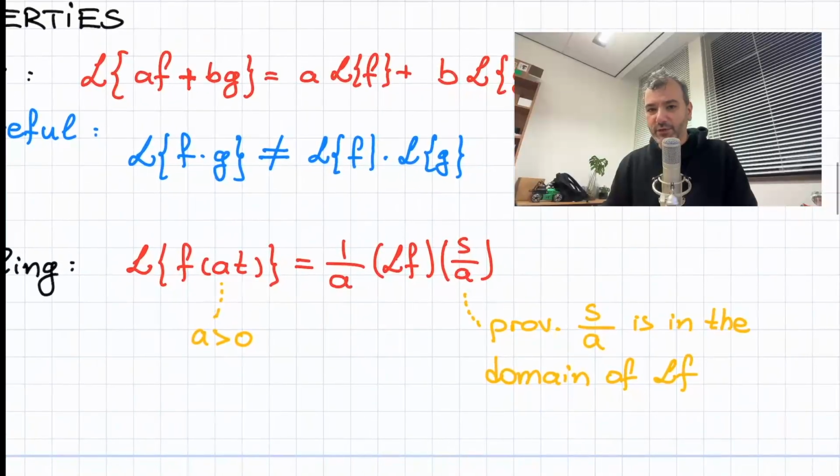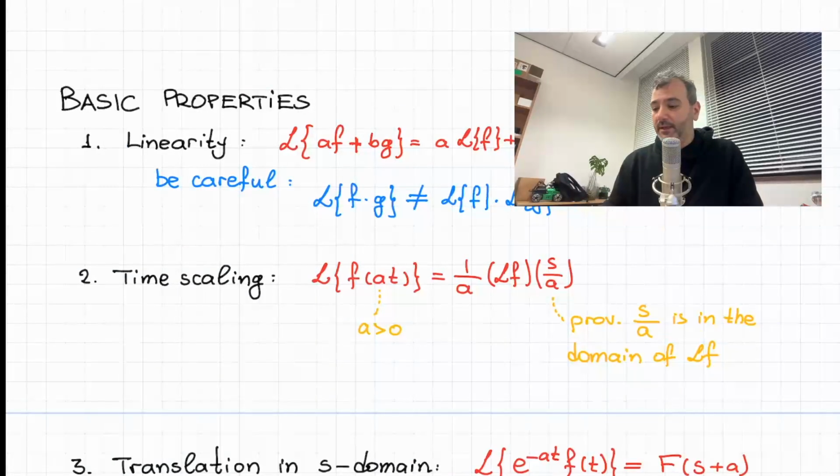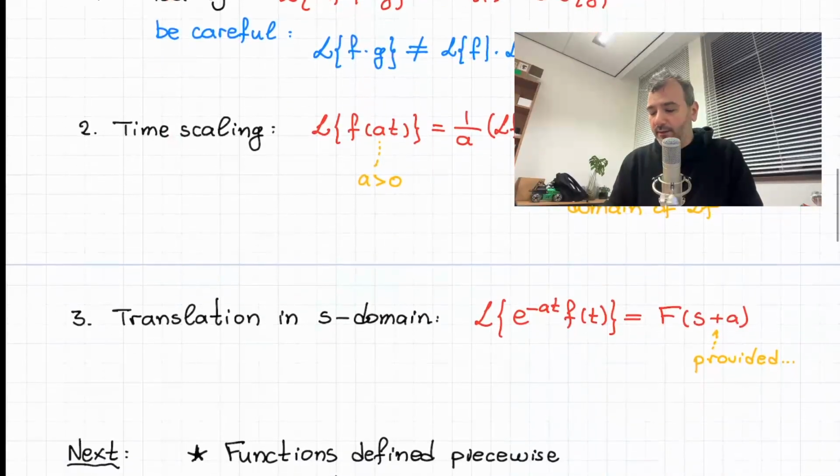There is a little footnote here, provided s over a can be put inside the Laplace of f, because the Laplace of f has a domain. Maybe we're not allowed to divide by a, I don't know. So the Laplace of f evaluated at s over a, right? This needs to be in the domain of the Laplace of f. So again, linearity, time scaling, and the last one, the third property, is translation in the S domain.